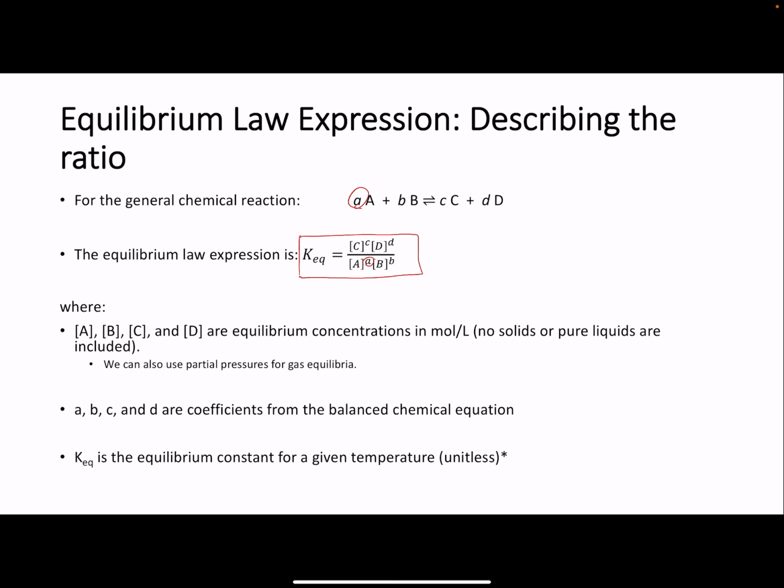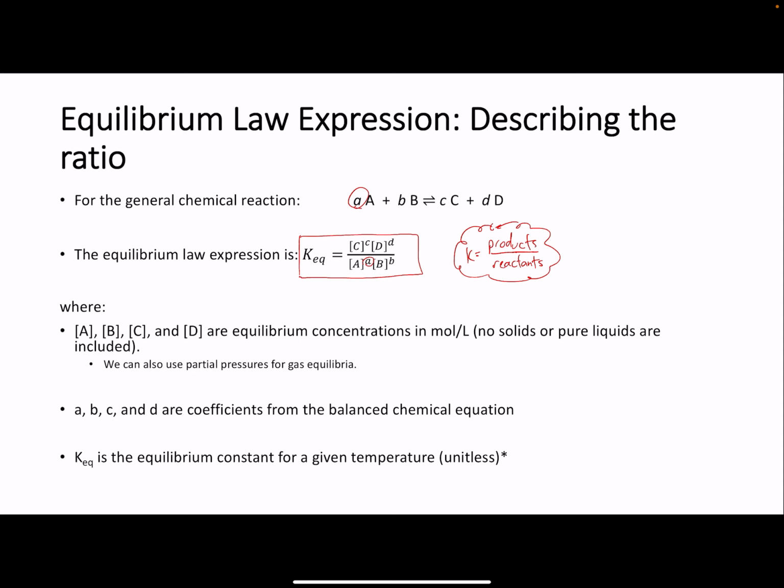So we will be using the coefficients as the exponents, unlike what we did with rates where we had to determine them. A nice way of remembering this is products over reactants, just a little ratio for that. It's a little helpful guide. Mathematically, it means nothing for us, but if we apply this actual formula, it gives us something to calculate with.